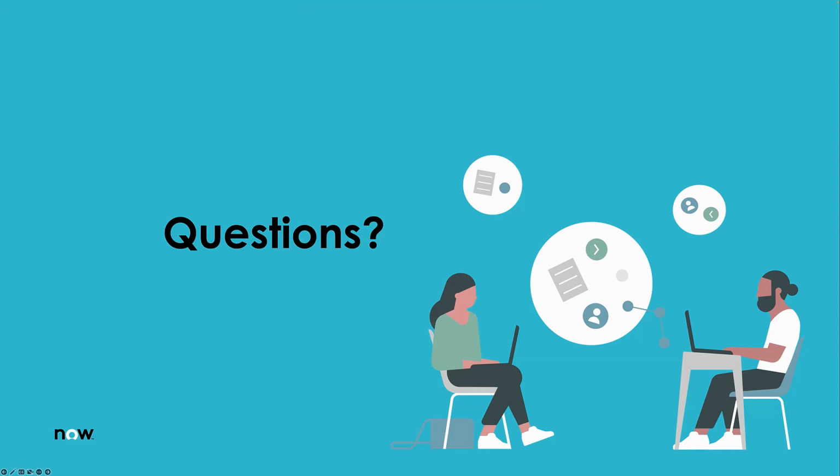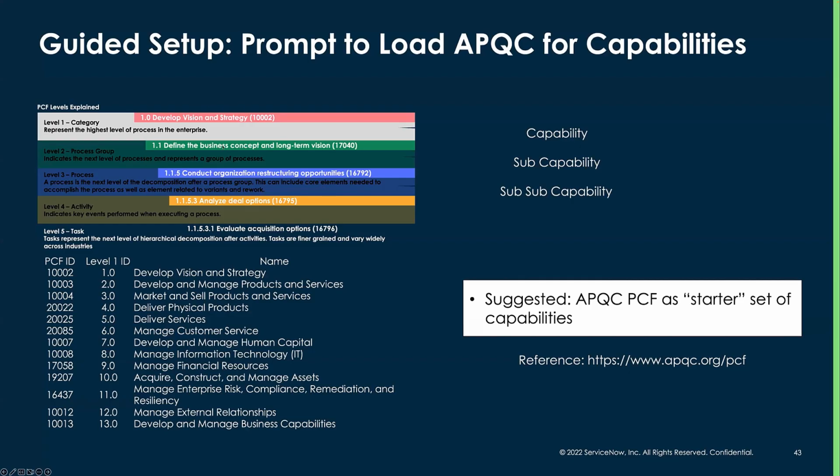The common one is APQC, which we were talking about. That's where I've been directing people for many years now. They're all about process, but the top three layers express nice capabilities. This is a great common set.